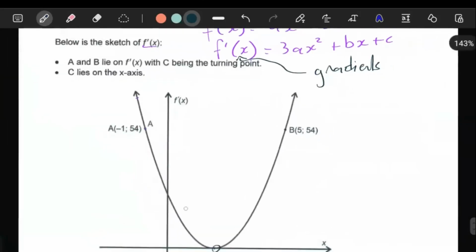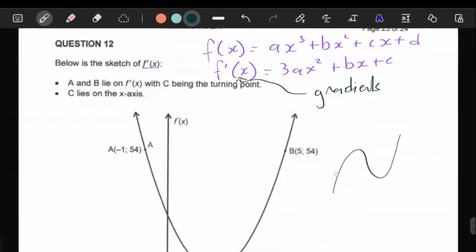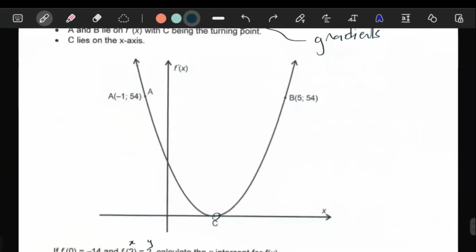Because if this is a smiling parabola, it means that the cubic function went up, the gradients went up and up, and then the gradients were equal to 0. The way this looks, you may find out that your cubic function looked something like that.